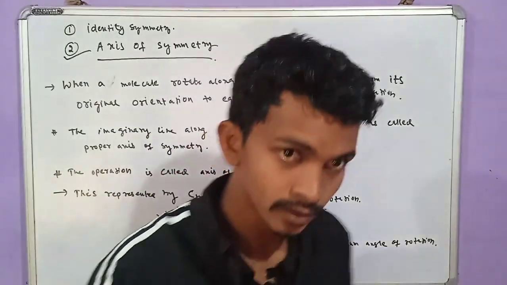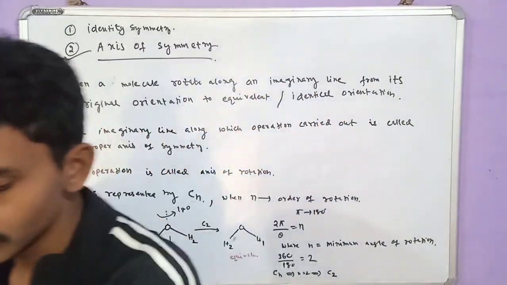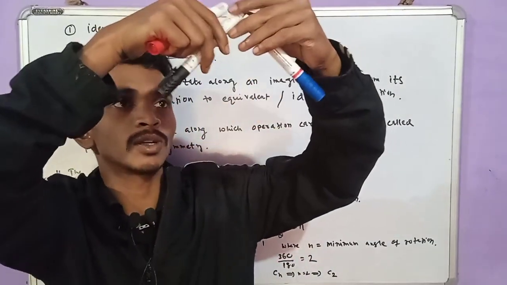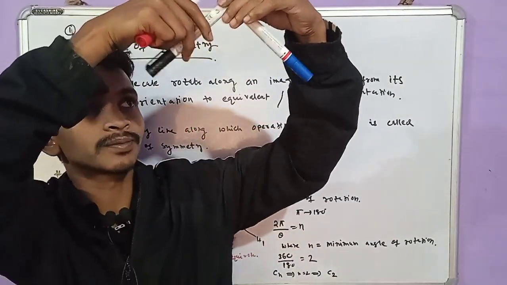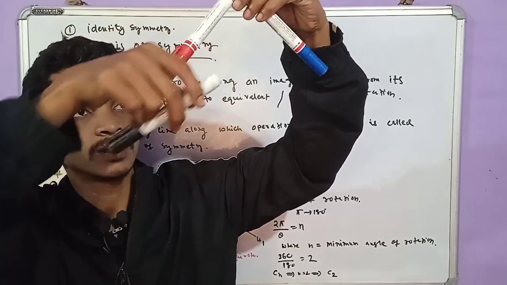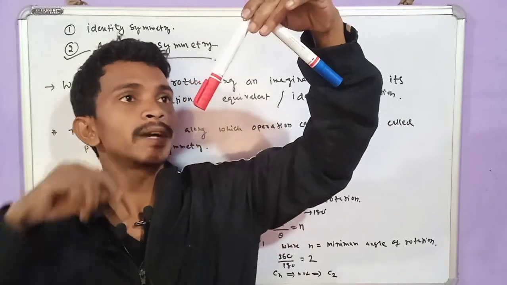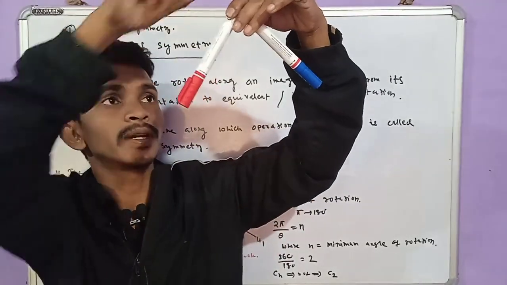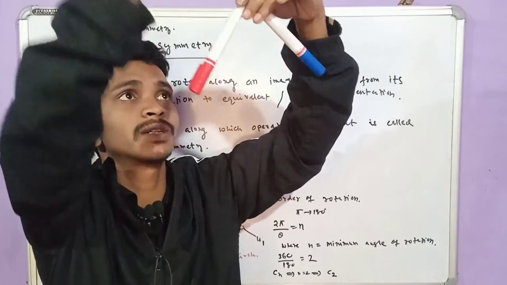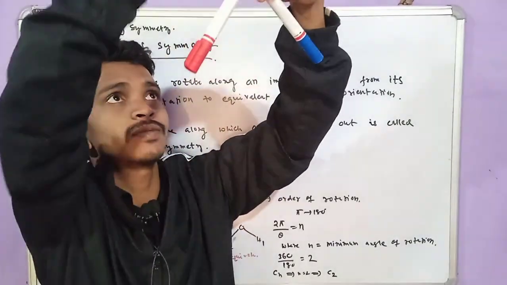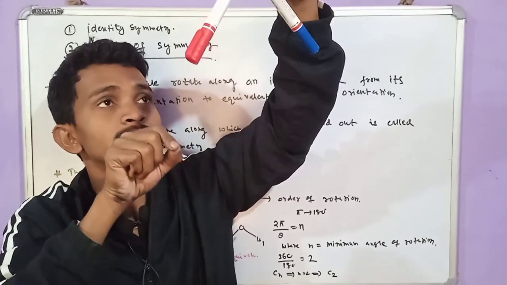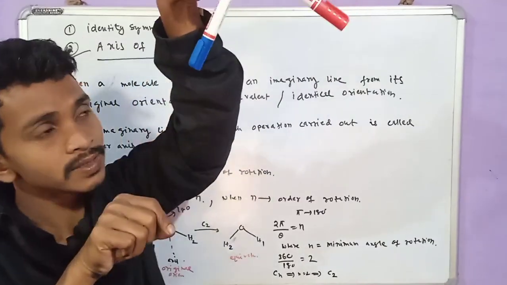Let's say this is a water molecule. If I rotate it by 180 degrees, with the axis passing from here to here, it goes like this.